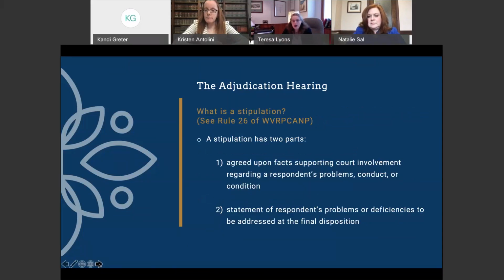Many parents opt to stipulate, and the question is, what is a stipulation? There's a rule on that. There are rules on many things in abuse and neglect, and it has two parts. First, there have to be some agreed upon facts that support court involvement and that support the respondent's problems, conduct, or the conditions of abuse or neglect.